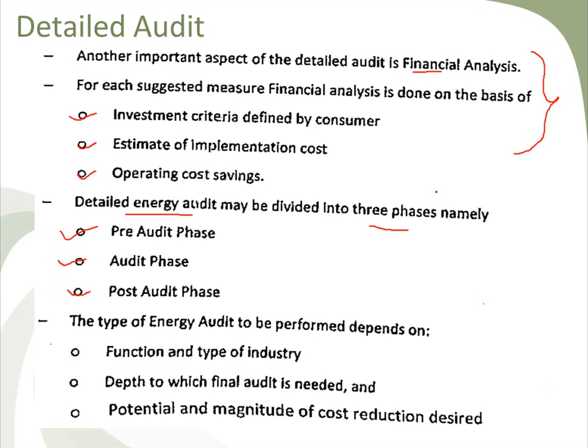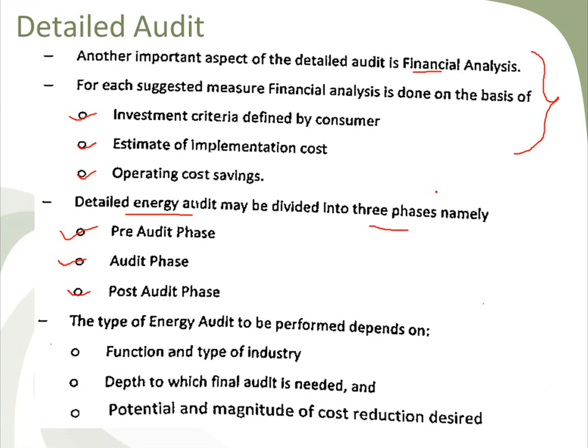If a particular utility says to the energy auditor that I need less cost to produce this particular raw material, then at that time also a detailed audit is performed.